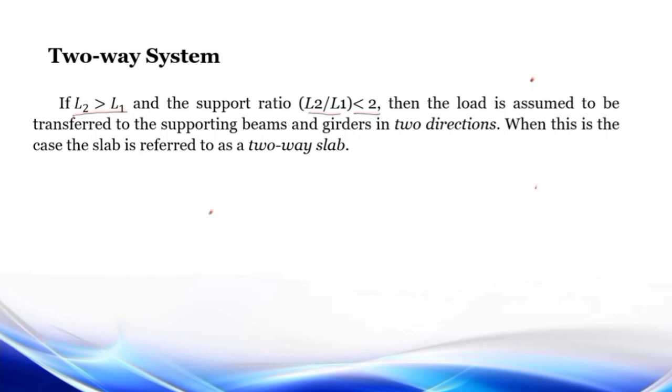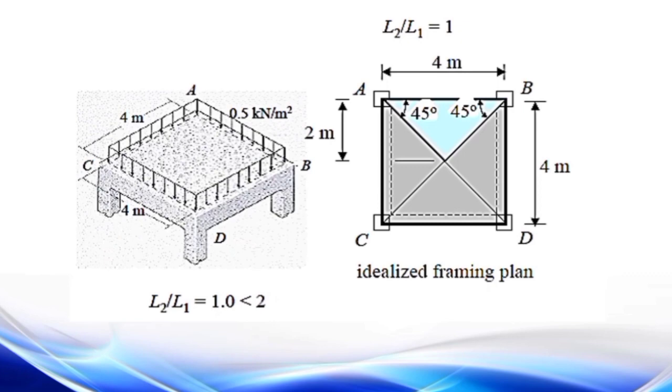When this is the case, the slab is referred to as a two-way slab. So here, we can see that L sub 2 is 4 meters and L sub 1 is 4 meters, since they are equal. So L sub 2 over L sub 1 is equal to 1, and this is less than 2. So meaning this is a two-way slab.